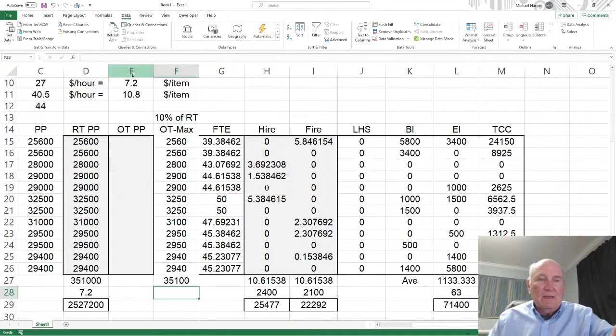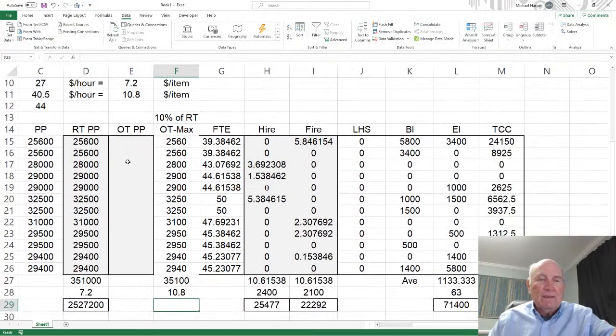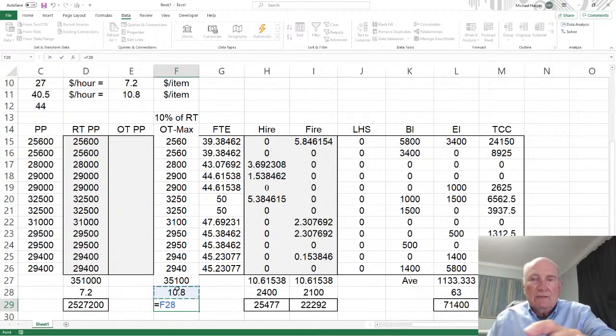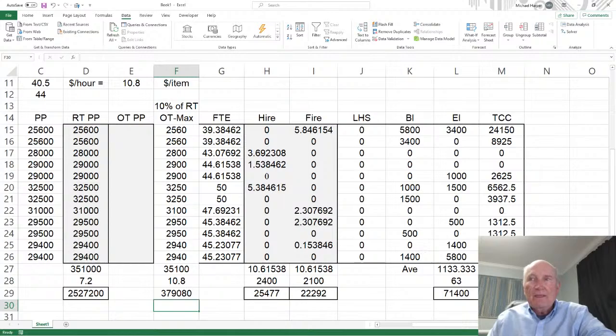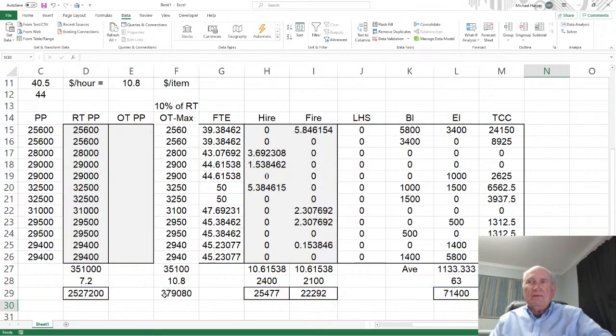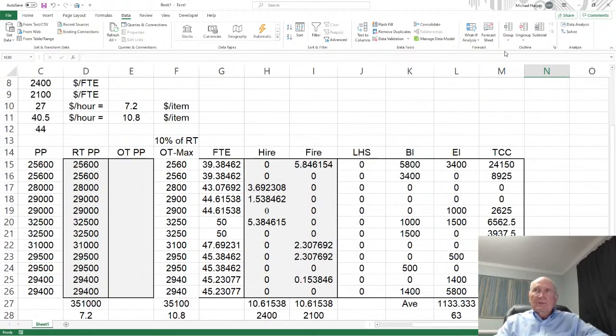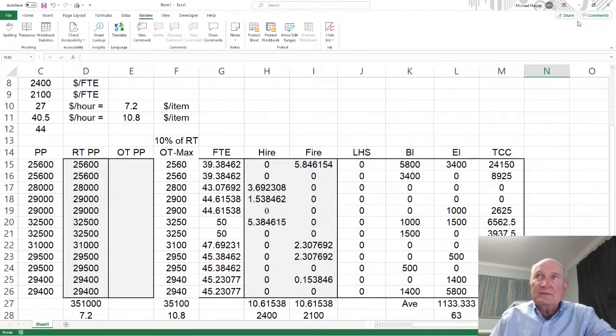Yes, we did. The unit cost here for overtime is going to be 10.8, and that equals 10.8 times the overtime production. Now this is going to equal our inventory plus our fire plus our hire plus our overtime plus our regular time. And there you go. Okay, then we solve it. Actually, what we're solving is the same thing.